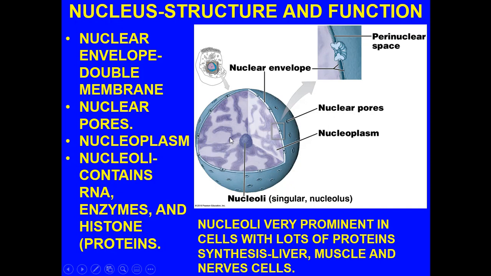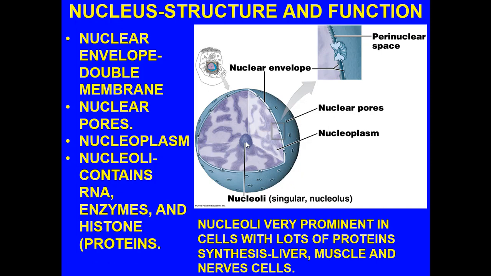And we have the nucleoli. If you stain the cells, usually if you can stain it so it stains the nucleus, the nucleoli will take the stain even further. What is a nucleoli? It contains RNA, enzymes, and histone proteins. It is usually the site where ribosome components are assembled.